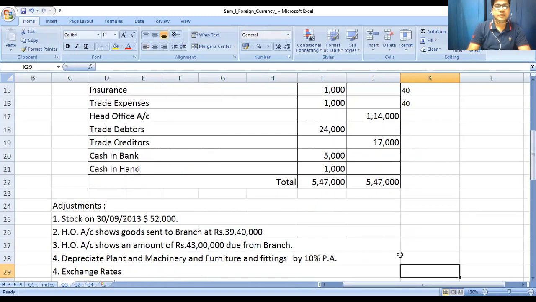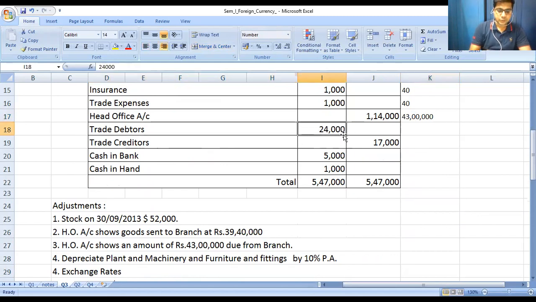But before that, the head office account shows an amount of rupees 43 lakhs. So here in dollar it is 1,14,000, but in rupees it is 43 lakhs.